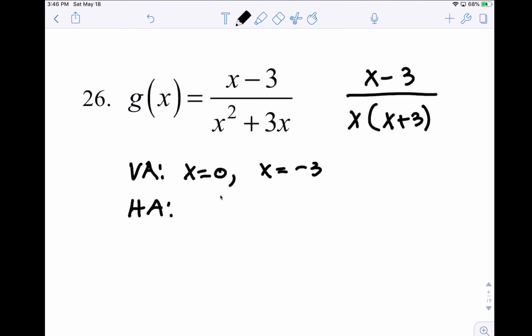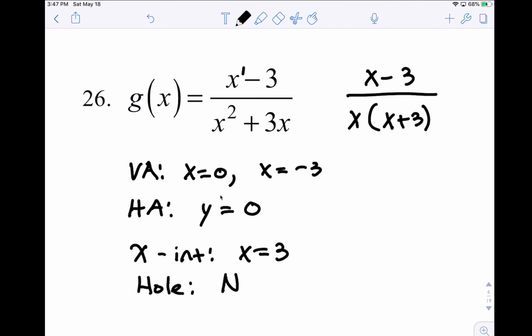Now, if you look at the degree on the top, it's 1, and on the bottom, it's 2. So if it's bigger on the bottom, it's going to be y equals 0. Okay? And then I have an x-intercept at x equals 3. Okay, that comes from the numerator. And there are no holes in this equation.